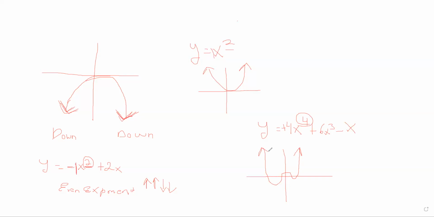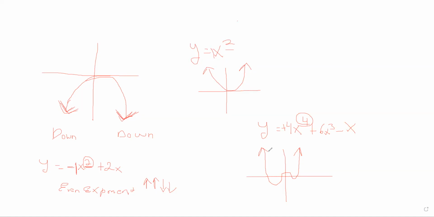As you can see, even leading exponents have either both ends pointing upward, or both ends pointing downward. What determines if it's down or up is whether the leading coefficient is positive or negative.